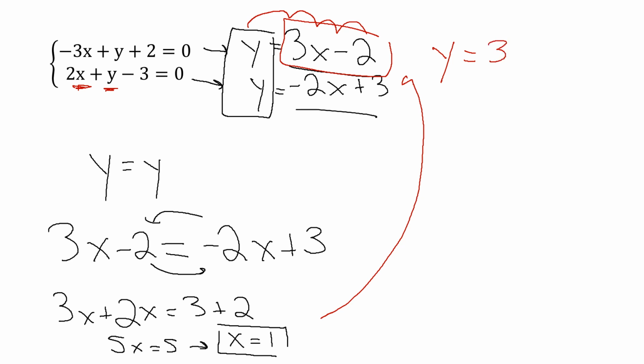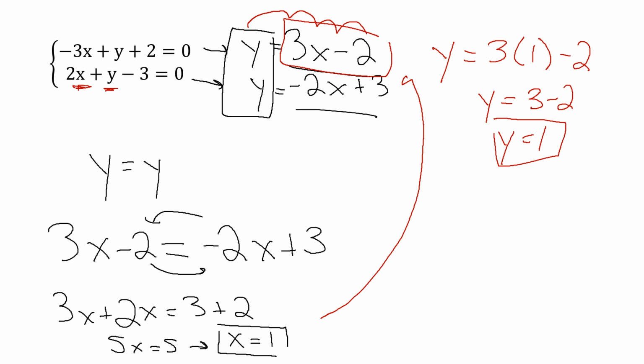Well, instead of an x, I now know that x equals 1. 3 times 1 is 3. 3 minus 2 is 1. So technically my answer is x equals 1, y equals 1, but we are going to write this in a point system, (x, y).